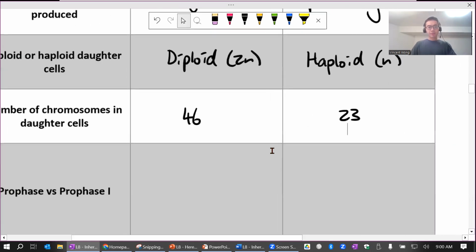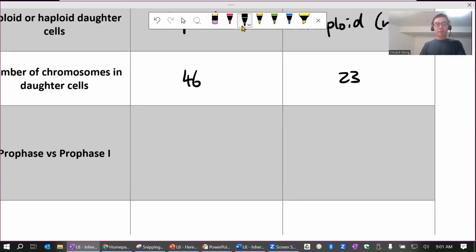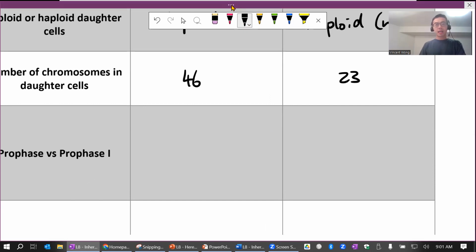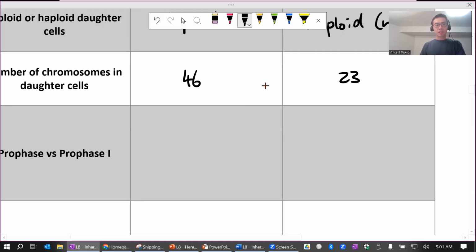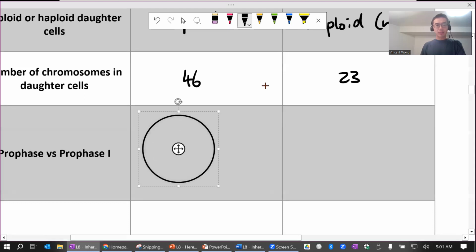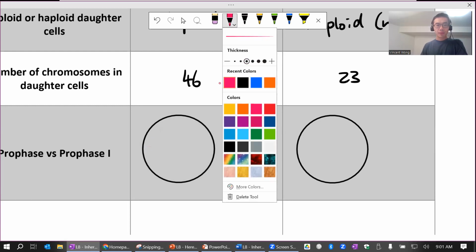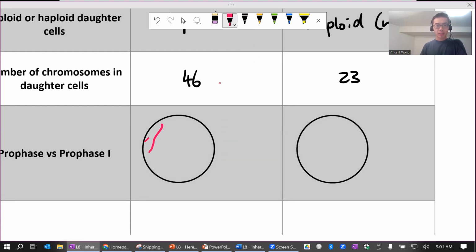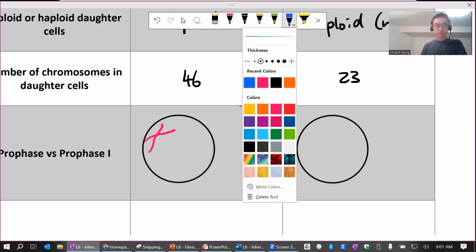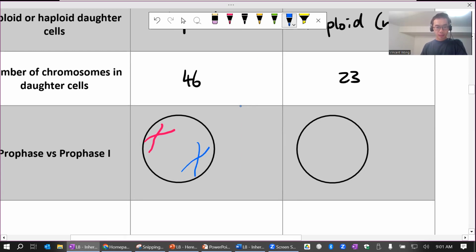The prophase. What's the similarity and difference here, mainly in the prophase of mitosis versus meiosis? Okay, so here is the cell. Here's the cell again. So for mitosis, I'm gonna make this a little bit thinner. For mitosis, the chromosomes after they duplicate, they don't find each other. They're just on their own.